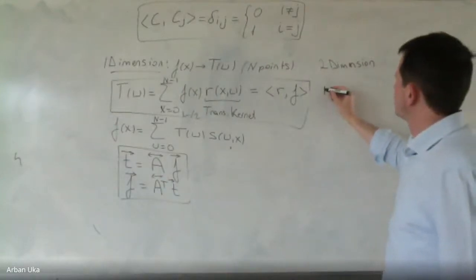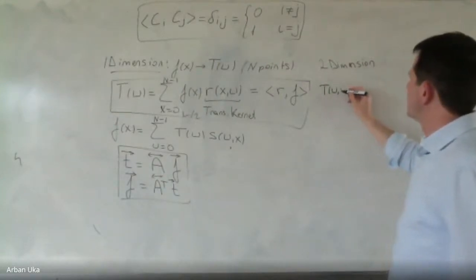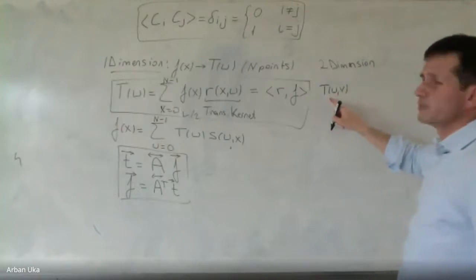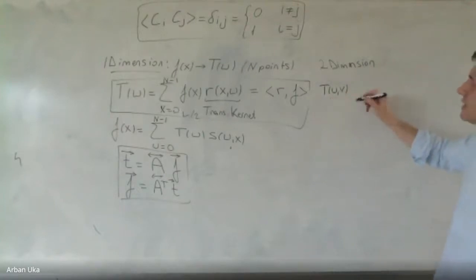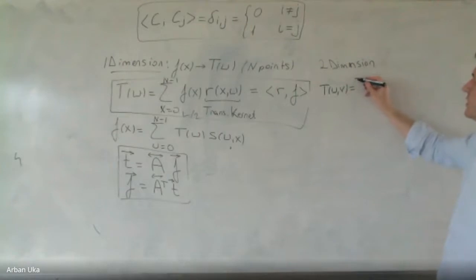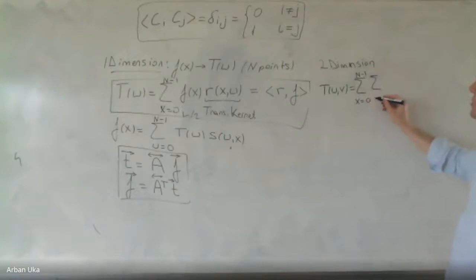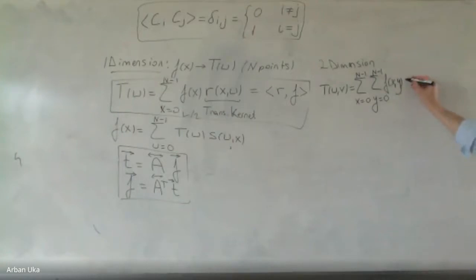So we are going to have a T, which will be the transformation of the data, and this will be equal to the summation of x equal to 0 up to n minus 1, and the summation of y, starting from 0 to n minus 1, of f of xy times a kernel.